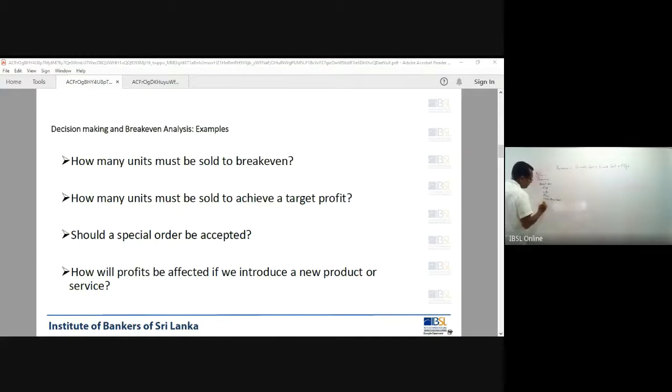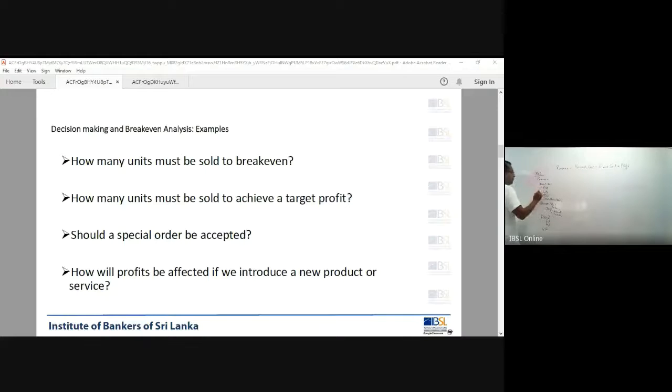Then you have gross profit. Then you have overheads, which is admin, selling, finance. Then profit before interest and depreciation, interest, debt, and net profit. Right? This is the P&L.